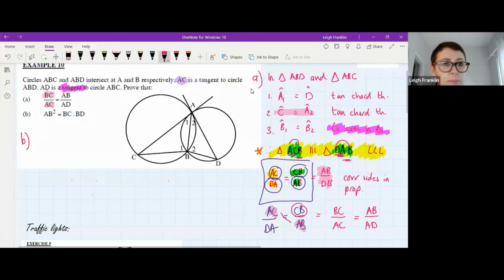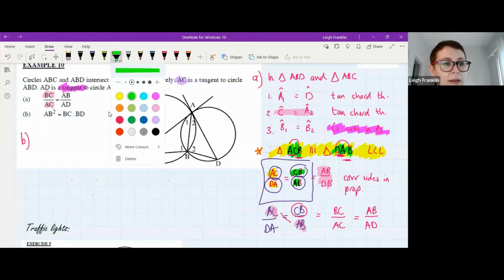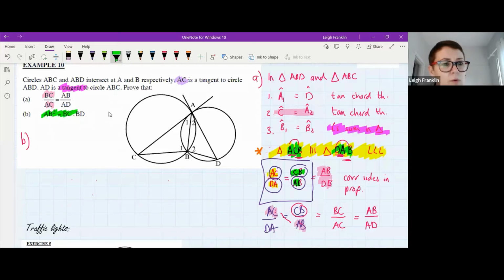Now, in part B, where it says AB squared equals BC times BD, you've actually got the answer to this already, you just didn't know it. What does AB squared mean, Matrix? Isn't it the Pythagoras?